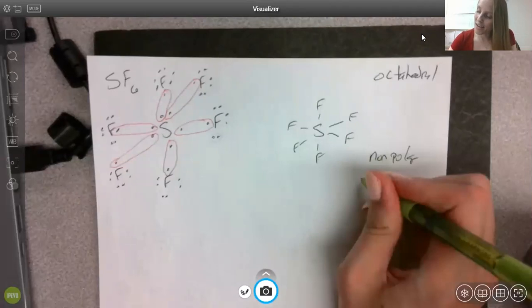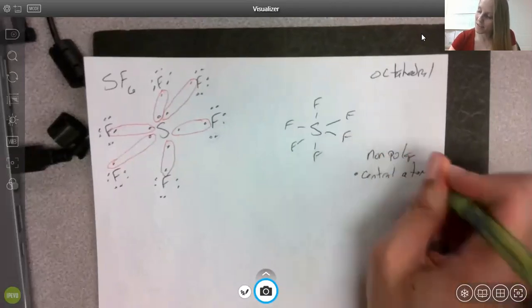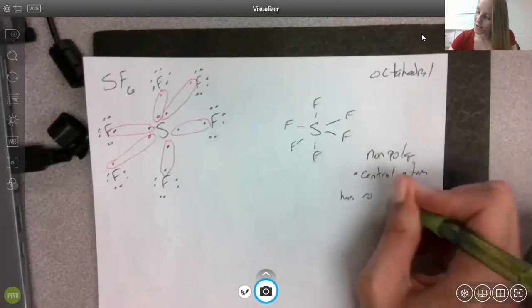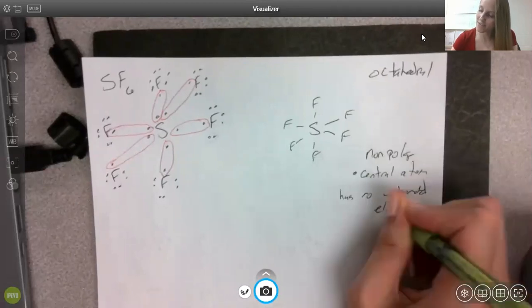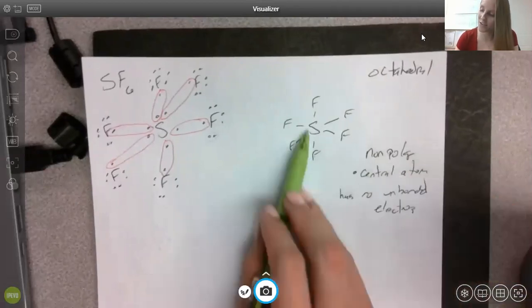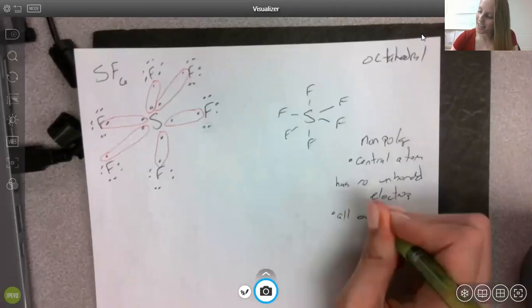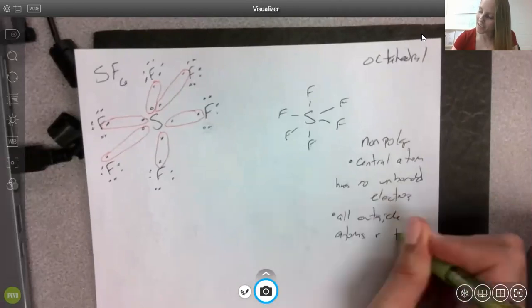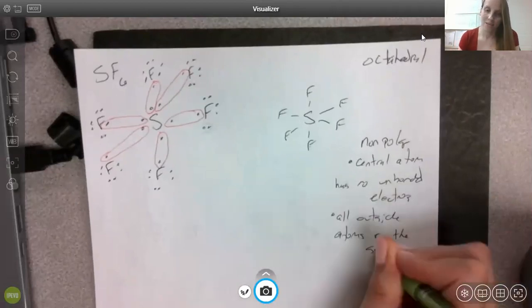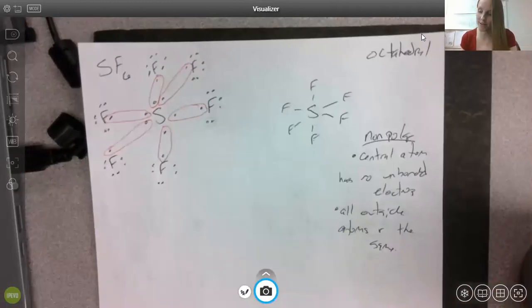And again, I know that because my central atom has no unbonded electrons. So the sulfur has no unbonded electrons, and all the outside atoms are the same. Because it fits both of those points, I know this is non-polar.